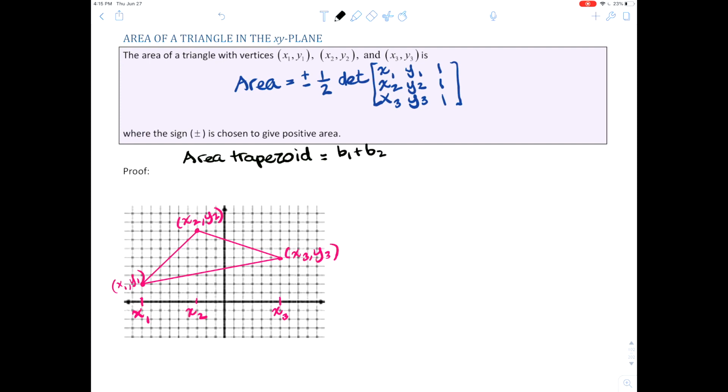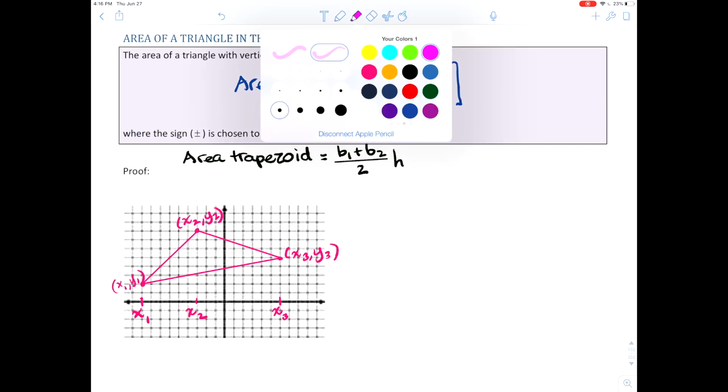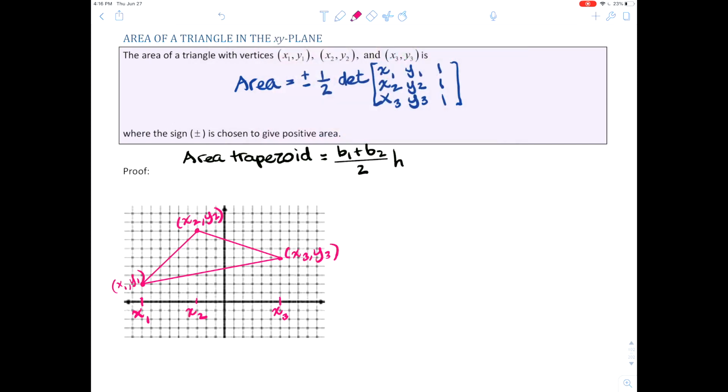So if we think about that, we can make a series of trapezoids and add and subtract the areas to find the area of this triangle. So remember, this is the region of interest that we want the area for.